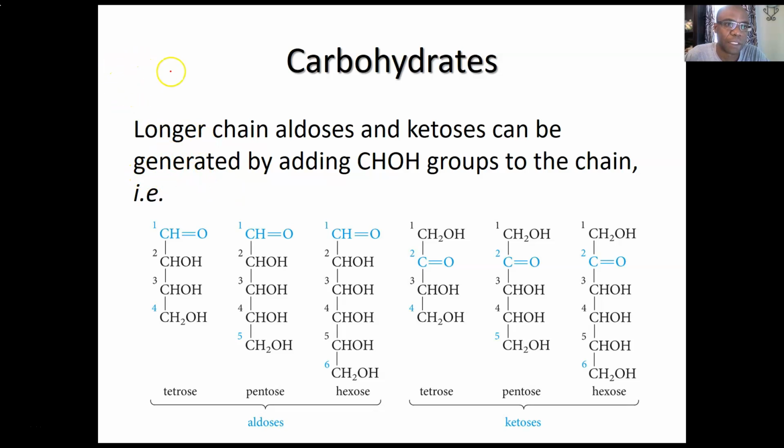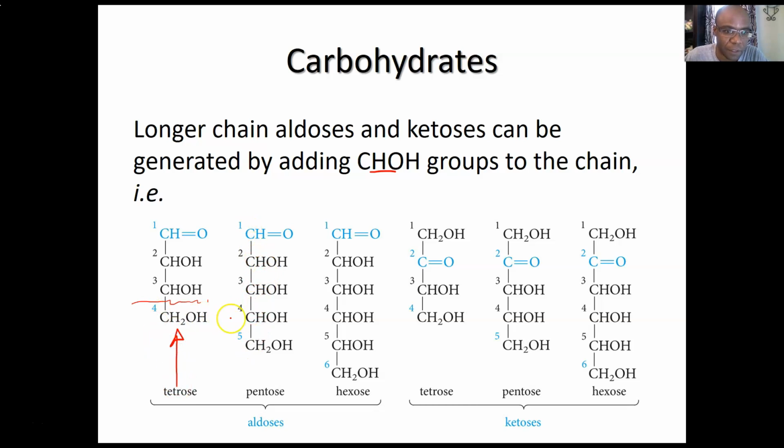You do have longer than 3 carbons on the chain, so longer aldoses and ketoses can be made by adding CHOH groups to the chain. For example, if you add one more CHOH here, you get a 4 carbon structure. It becomes a tetrose.